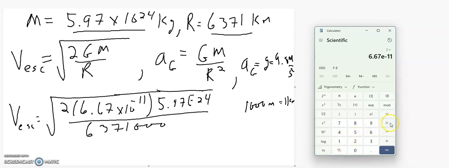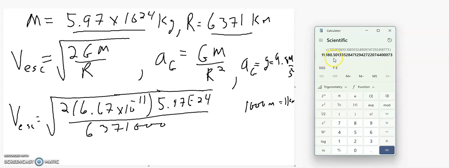Then times the mass of our planet, which is 5.97 times 10 to the 24th, and then divided by 6,371. You could put 3 zeros, or you could say times 10 to the third; that's the same thing. Then you hit equals. That's not going to be the answer. That's what's underneath the square root. Then, of course, you take the square root of that. And there's the answer.